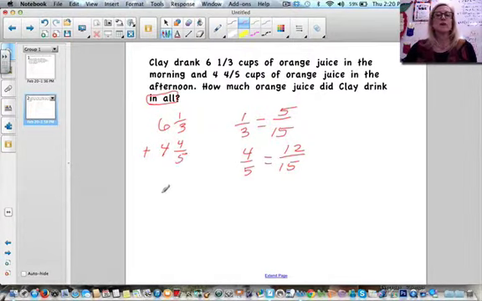All right, so now I'm just going to rewrite the entire problem. Let's shift gears here. I'll switch colors. I have 6, and I look over here. 1/3 is the same as 5 15ths, so I'm going to write it as 5 15ths. Plus, let's see if I can extend the page here.